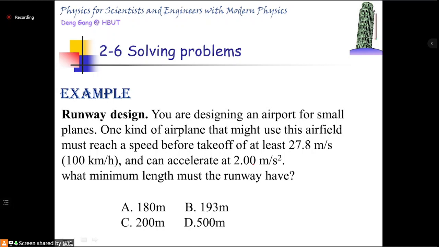Try to calculate it by yourself and tell me your choice. You can use the same equation as in the previous one, but in this one you are going to calculate how long is enough.